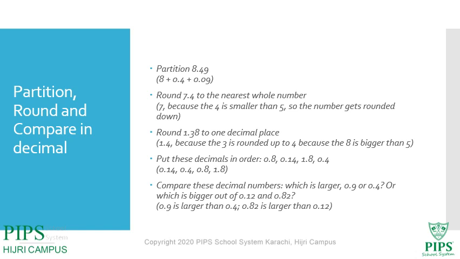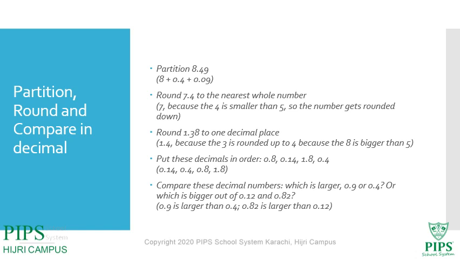Okay, the third part, comparing. Comparing from the highest to the smallest and the smallest to the highest value of the decimal. You can see the order 0.14, 0.4, 0.8, 1.8. First we see the whole numbers. If there is no whole number, then we see the fraction part.